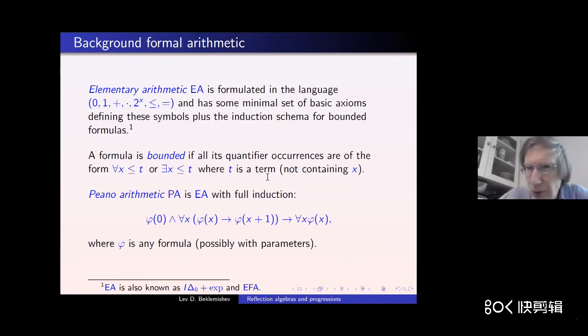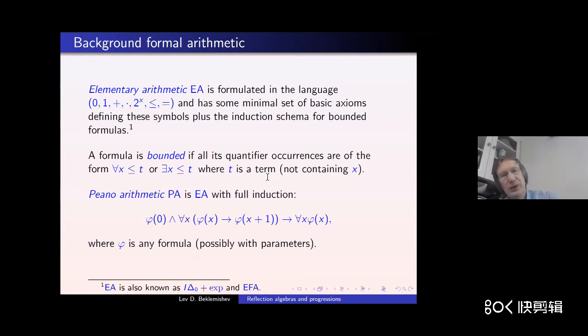Formulas in which all quantifiers are bounded are called bounded formulas, sometimes delta naught formulas. These are, in some sense, very simple formulas: all properties expressible by such formulas are decidable.